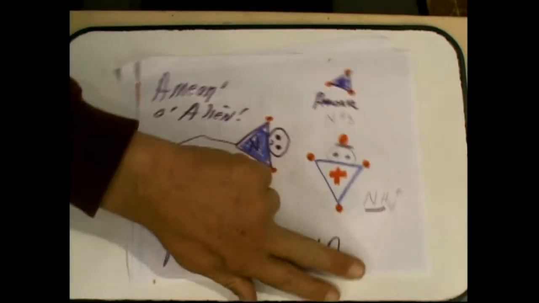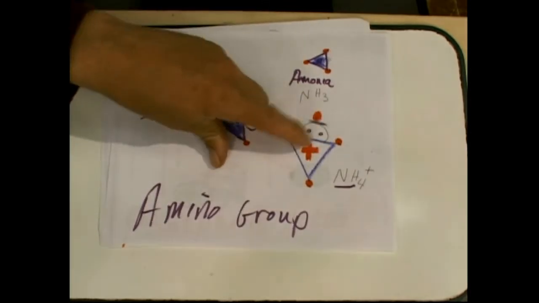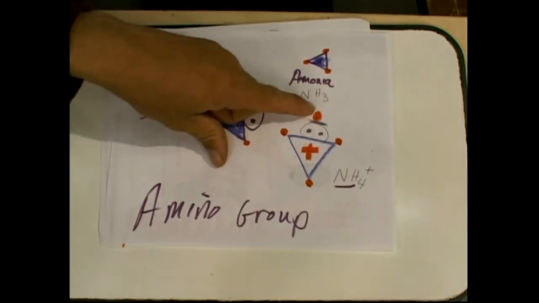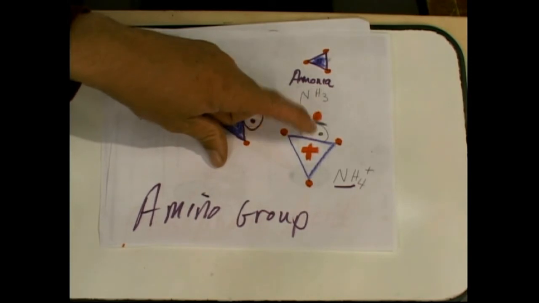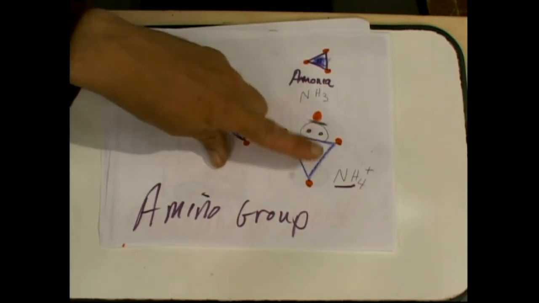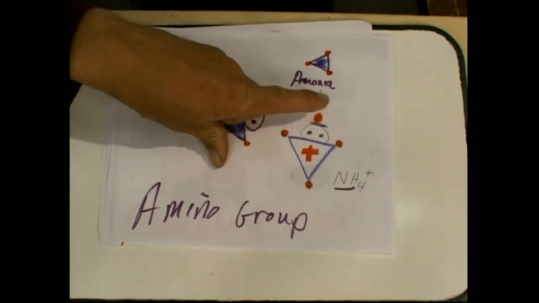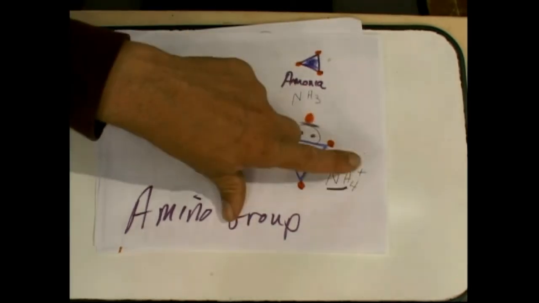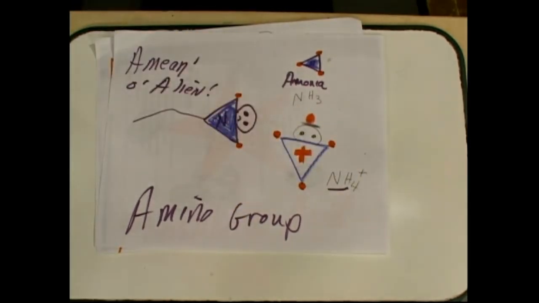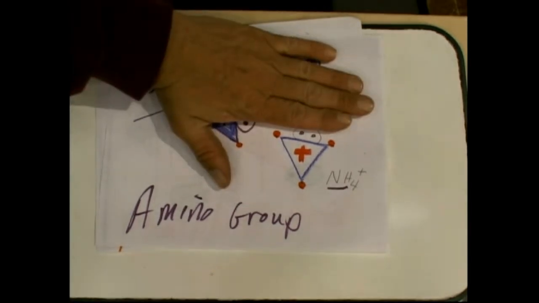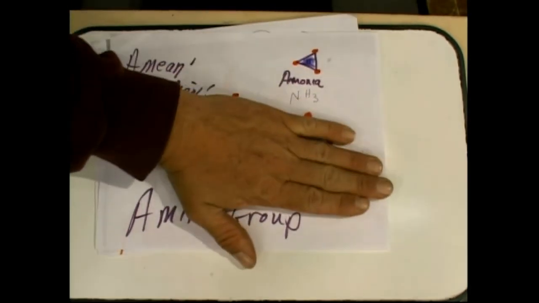So instead of N, this is like the equivalent of a methyl in a way. It's nitrogen. So NH4 with a plus. So the electromagnetic force isn't near enough to hold that in a basic solution. So it'll go back to ammonia, NH3.